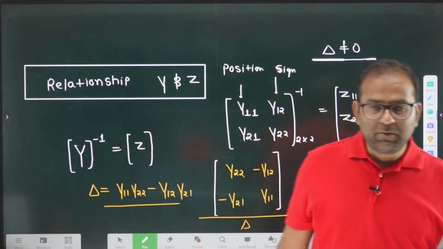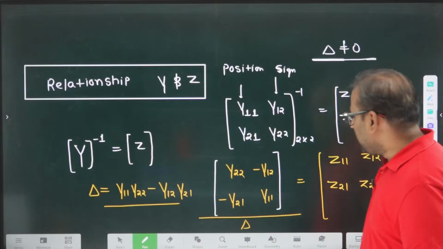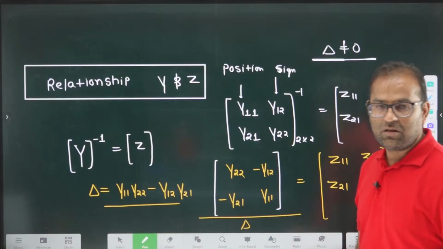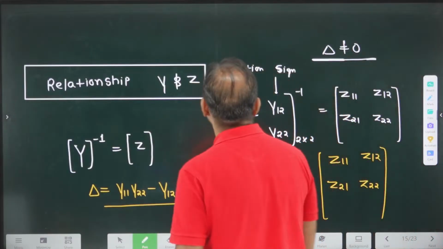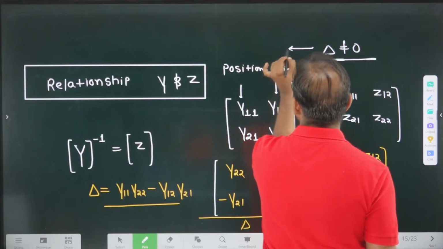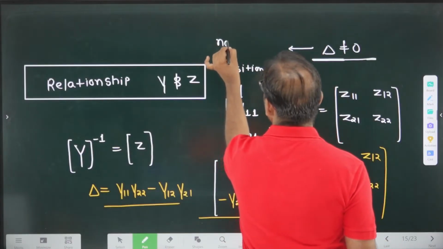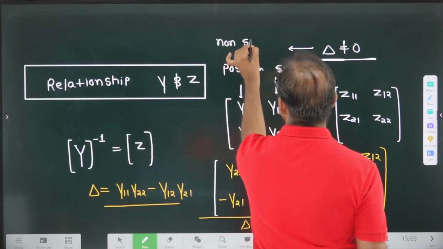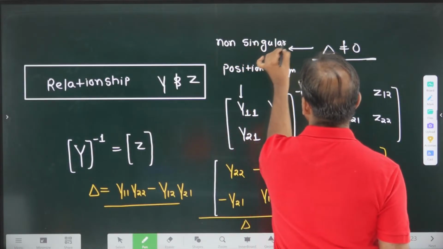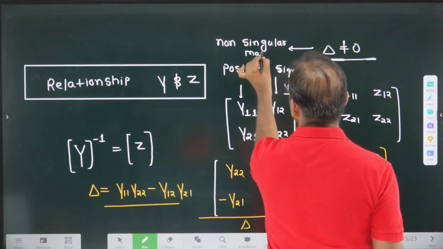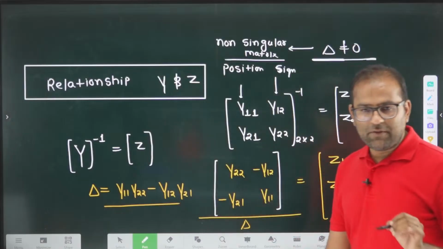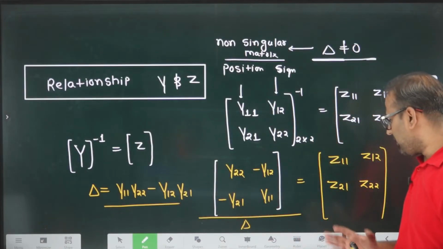So what we want is that this Y matrix should be a non-singular matrix. Always remember, del not equal to 0 is the condition for a non-singular matrix. If del is equal to 0, this is not possible. So this is the condition.